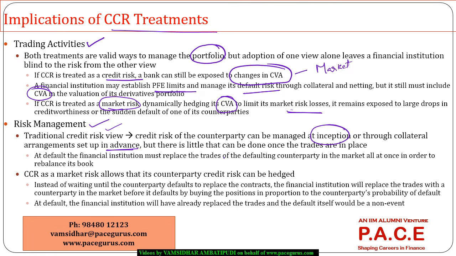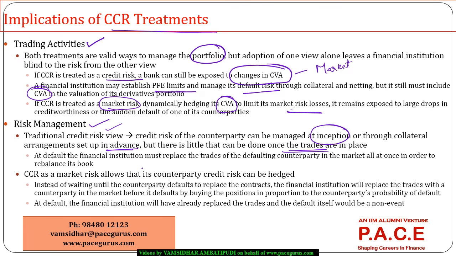Based on the agreement that we have set regarding the collateral, we can handle the credit risk. That is what happens if I start looking at CCR as a pure credit risk. Once the trades are in place, there is nothing that I can do. So when the counterparty has defaulted, I have to replace all those trades in the market at once, which may not happen. So there is the possibility of market risk coming out in the process, and I am still at a loss.